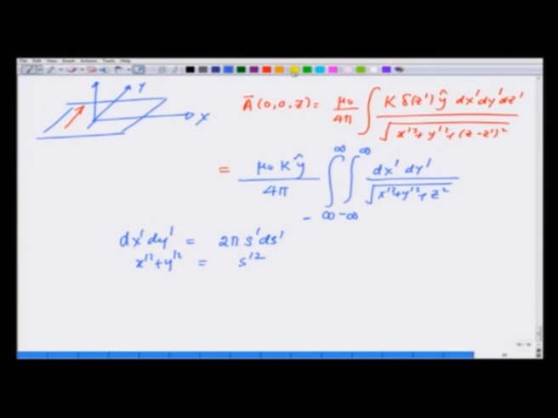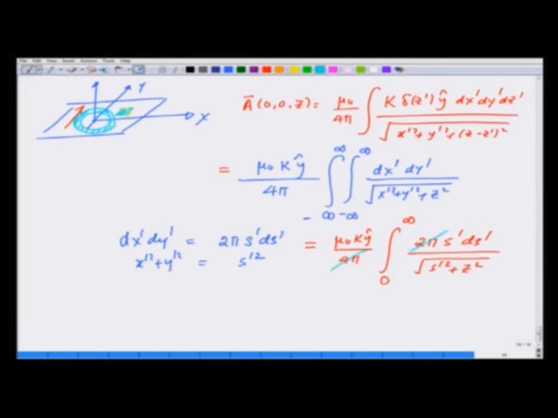Since this is an integral which is symmetric, I am actually taking this area and integrating over it. It is the same thing as long as I cover the entire area, and therefore I can write this expression as mu naught k y over 4 pi integral 0 to infinity 2 pi s prime d s prime over square root of s prime square plus z square.